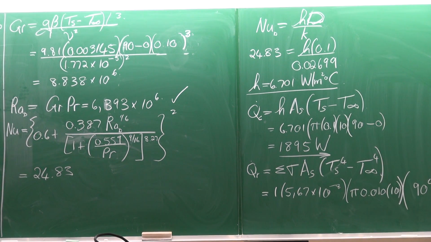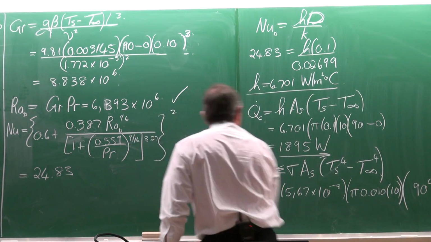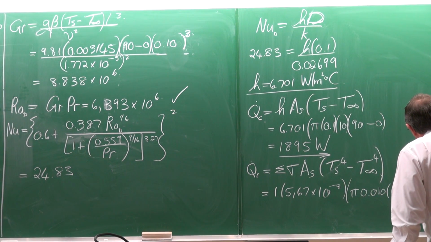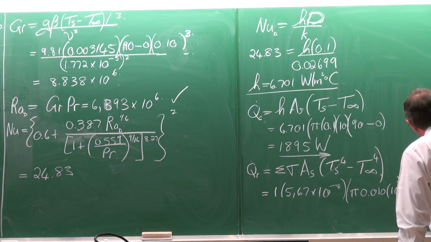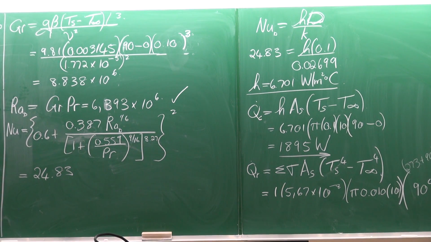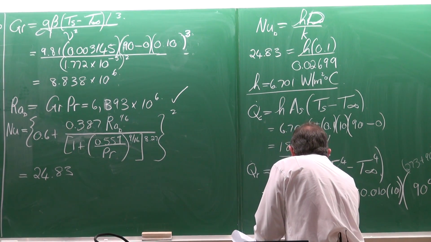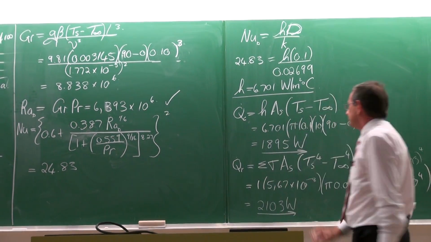Great. You've remembered. So this temperature must be in Kelvin. So this should be equal to 273 plus 90 to the fourth, and this one should be 273 to the fourth. Okay? And then the radiation heat transfer is equal to 2,103 watts.